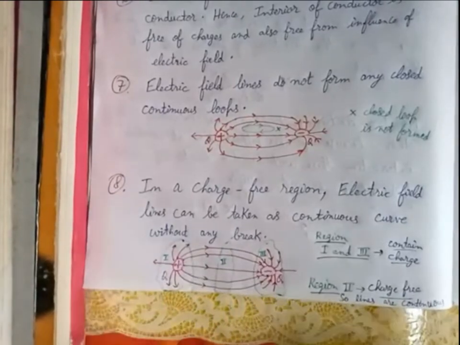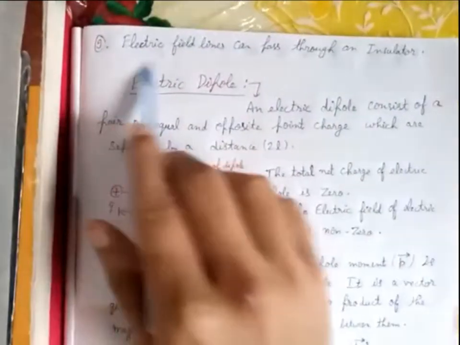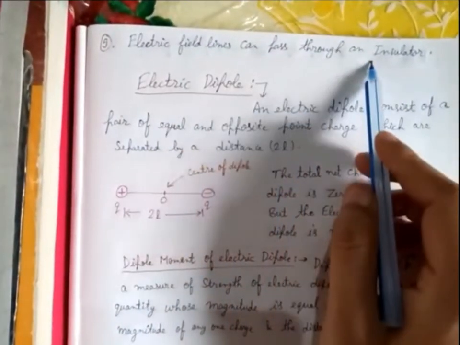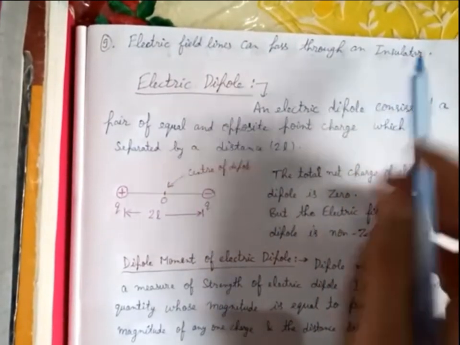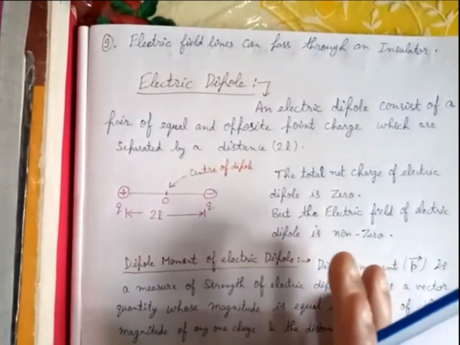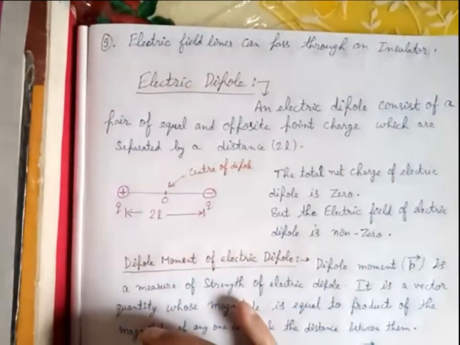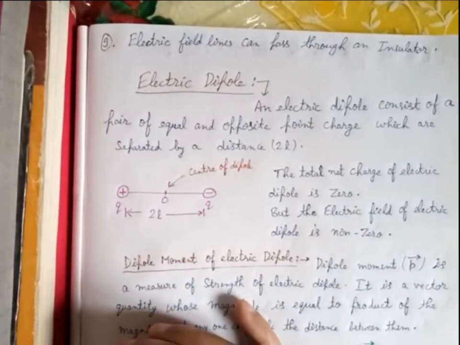This is point number 8. Then the last point is that electric field lines can pass through an insulator, or we can say that electric field lines can be present inside the insulator. That's all.